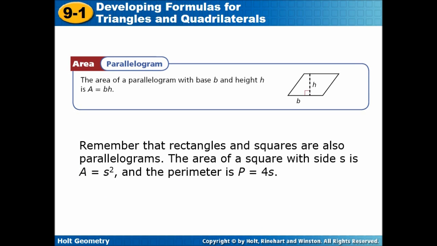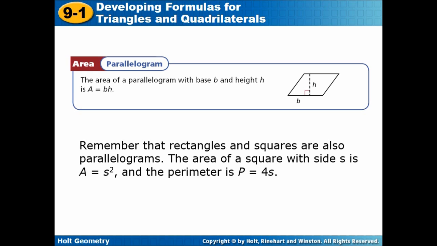Okay, so formally we can state that the area of a parallelogram, like the area of a rectangle, and of course a rectangle is a parallelogram, the formula for their area is area equals base times height. They use the same exact formula, and that makes sense because remember that rectangles and squares are also parallelograms.